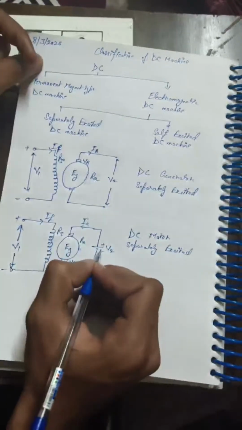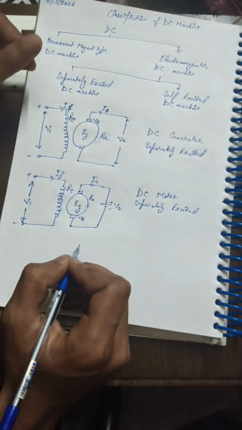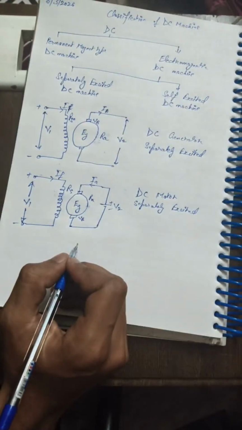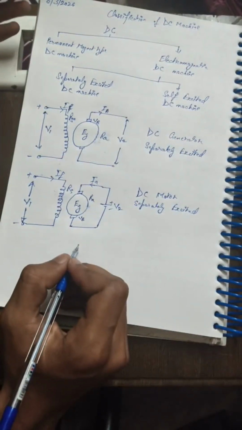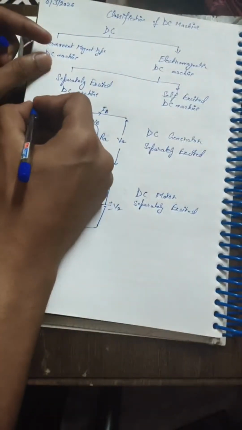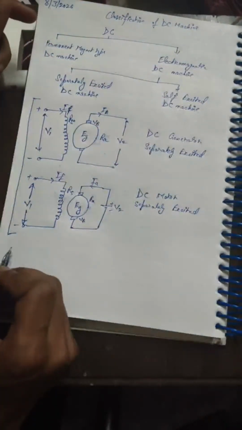The resistance is Ra. This is the concept of the separately excited DC machine.